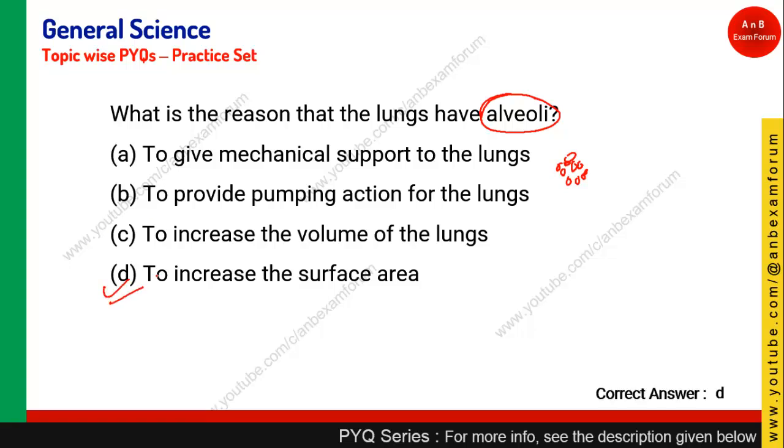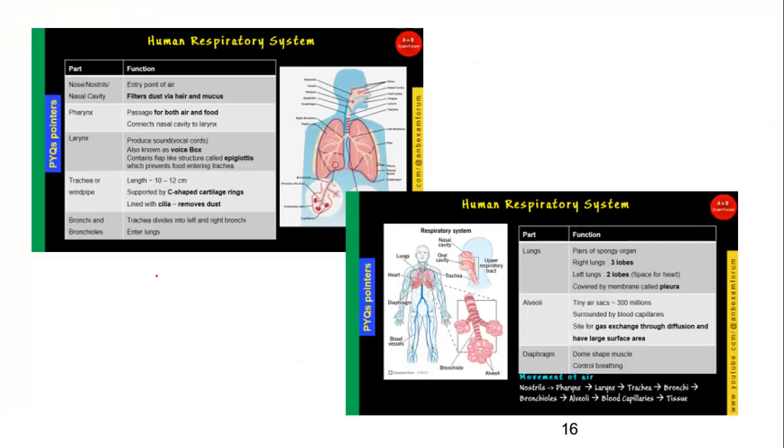So I will show you. These are the alveoli. As you can see, these are small structures present in the lungs. Gases are exchanged through diffusion, and they have a large surface area. That's why the main purpose is gas exchange.